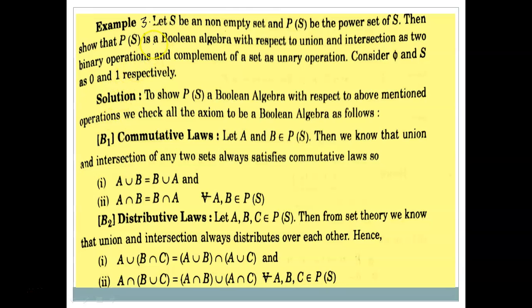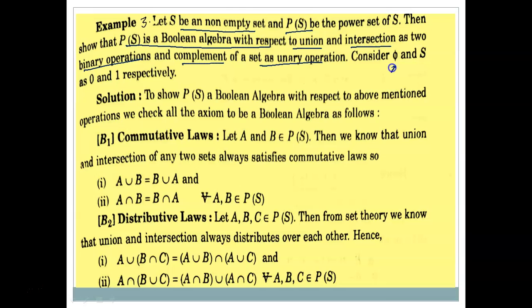Third example, let S be a non-empty set and PS is the power set. Then this PS is a Boolean algebra with respect to the operation union, intersection as binary operations, and complement as a unary operation.